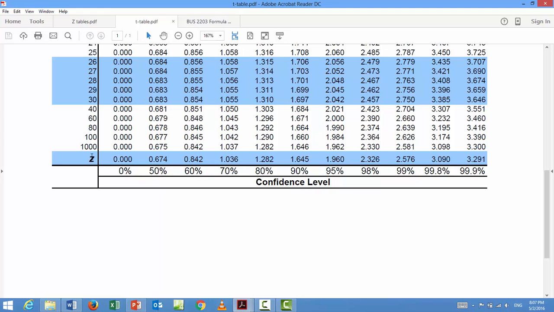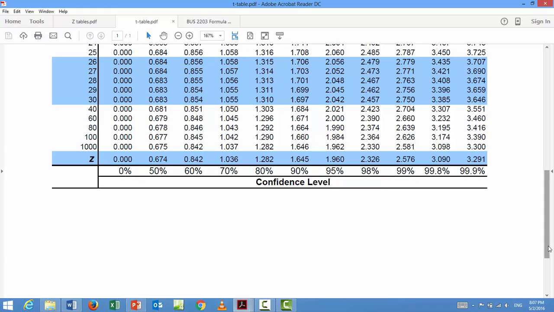Directly above in this column, sorry, in this row, will be the critical value of z that you need to use. So for a 95% confidence interval, we use a z value of 1.96. For an 80% confidence interval, we use a z value of 1.282.